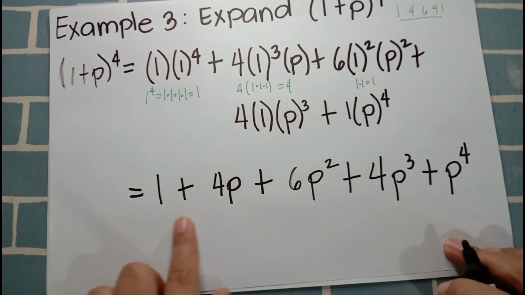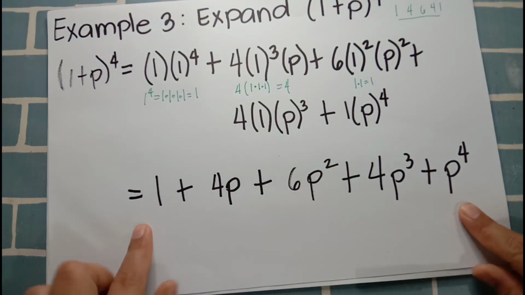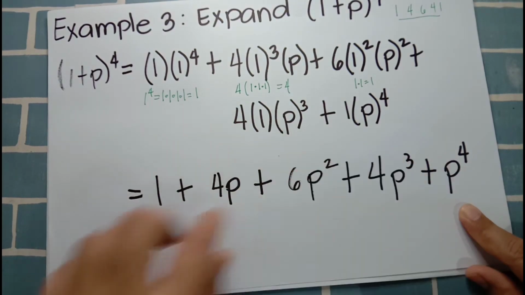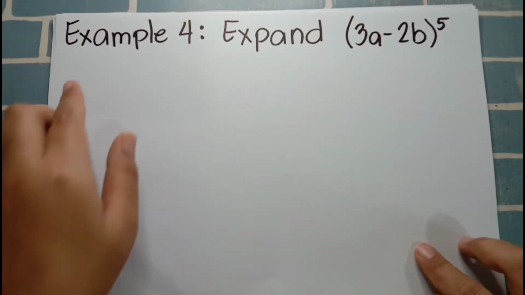So as you can see, the variable p has an increasing exponent. And that is our answer.